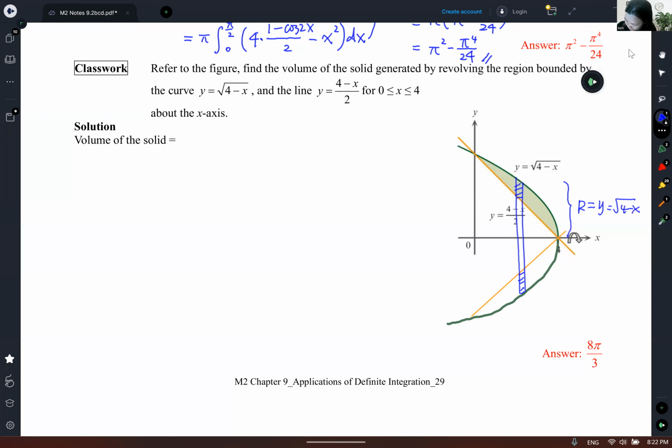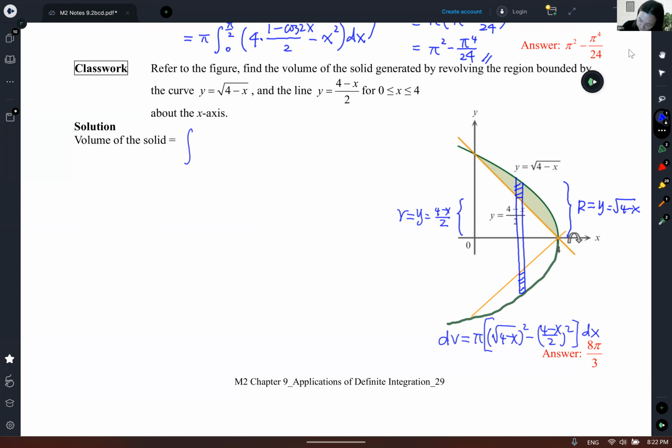The smaller R from here is equal to another y, 4 minus x divided by 2. So each piece is dV equal pi times R squared minus r squared dx.